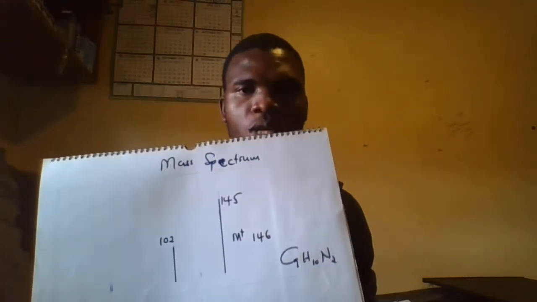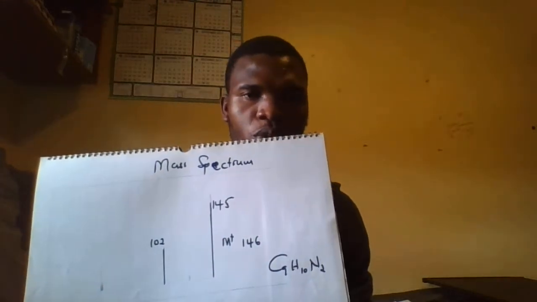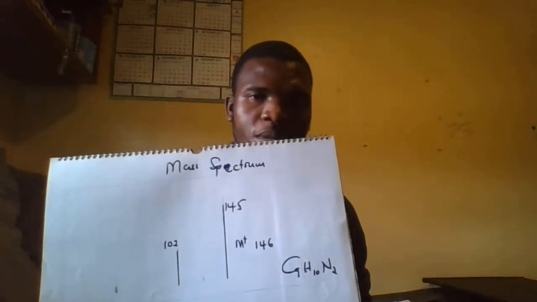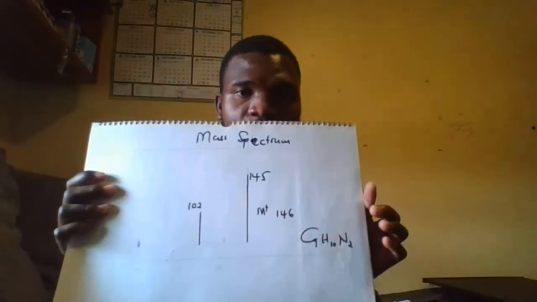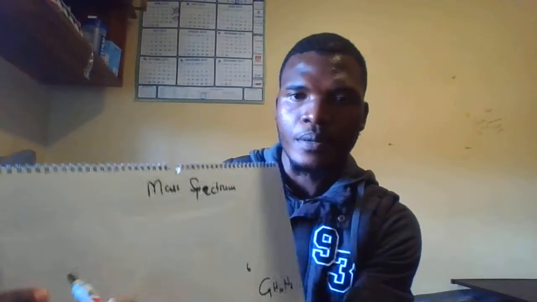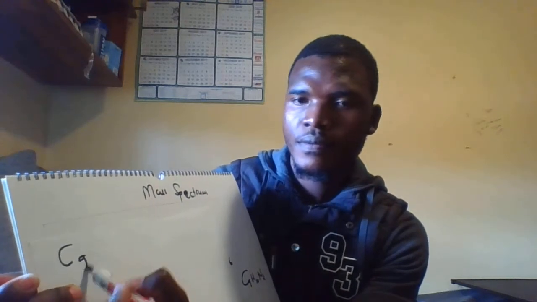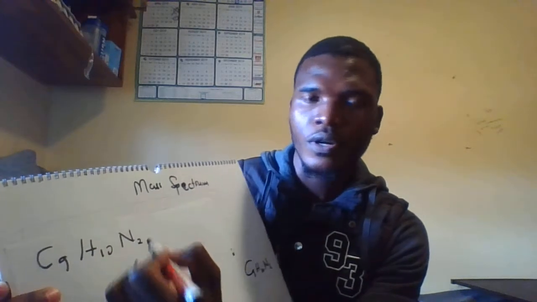We are fortunate that we do have the molecular formula. It's C9H10N2. How do we proceed with that information? The first step is to find what is called the degree of unsaturation. I'm going to take you through how you calculate it. We have C9H10N2.